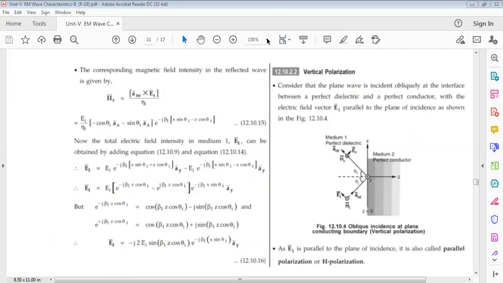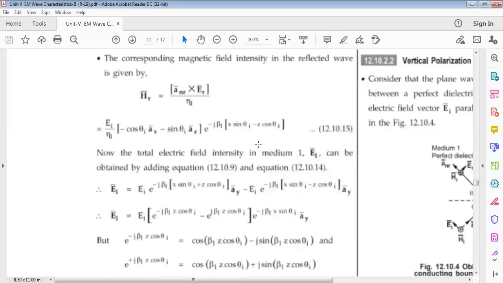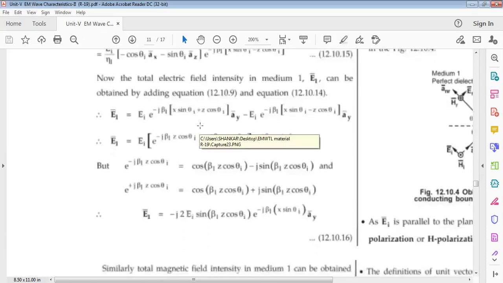So in these two equations, take EI as common. The factor e power minus j beta 1 x sin theta is common in both. Then we have e power minus j beta 1 z cos theta and e power plus j beta 1 z cos theta.